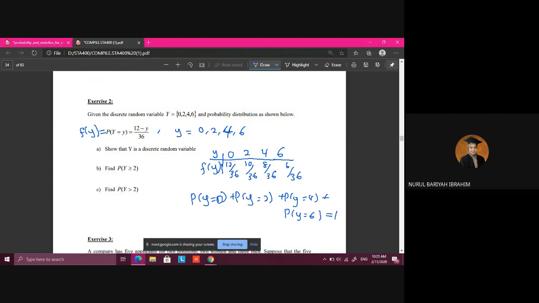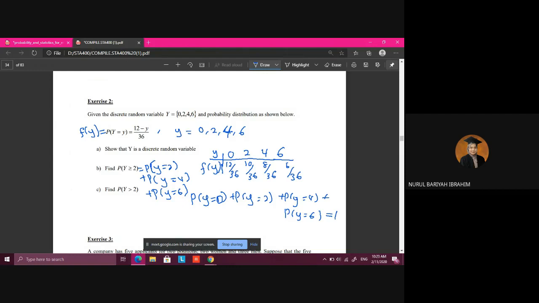Okay, once we have this probability distribution table, we can find the probability of y more than or equal to 2, which is probability of y equal to 2 plus probability of y equal to 4 plus probability of y equal to 6. So 10 plus 8 plus 6, it will be 24 over 36.